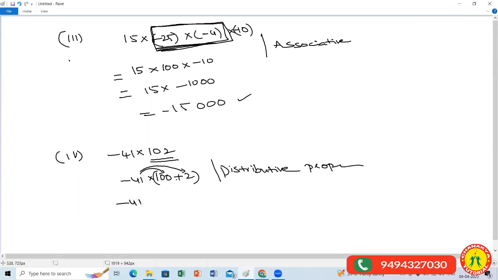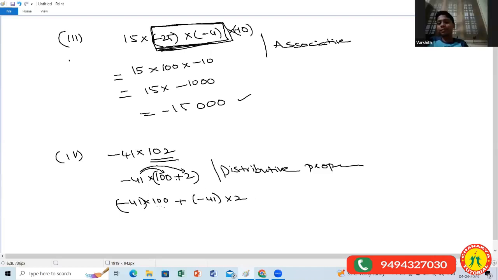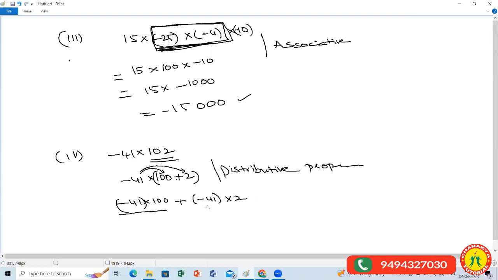So negative 4: mother is distributing her love and affection towards the first child, plus again mother is distributing lunch box to the second child also. So now both ways, mother is distributed here.